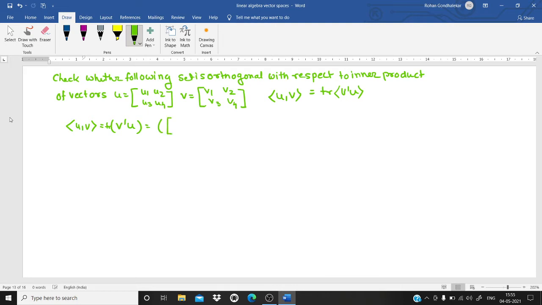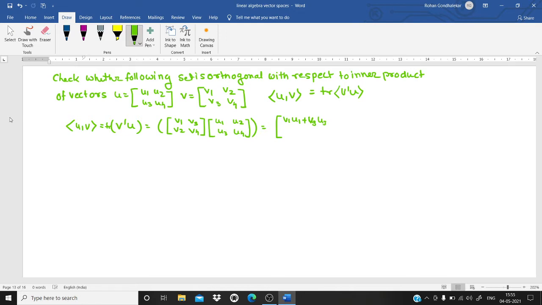The matrix V dash will be V1, V2, V3, V4, multiplied with U1, U2, U3, U4. So what will be the matrix multiplication? The first entry is V1 U1 plus V3 U3.